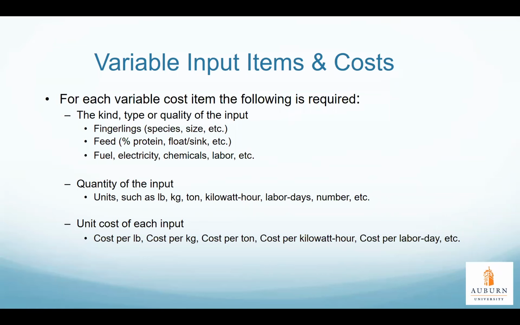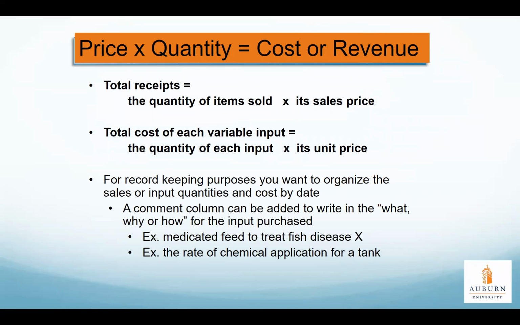Some other person does not have to borrow the money, they can self-finance and they don't pay the interest. Well, it would not be equal to compare the two, so we have to charge this, sometimes called an opportunity cost, for each of these enterprise situations. So what you need to do is know what you're buying specifically and how much you're buying and the unit cost of each. So price times quantity is going to equal the cost or the revenue.